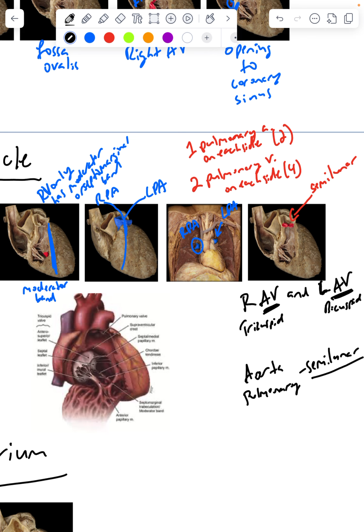So if they say semilunar valves, they're talking about these two. If they say AV or atrio, think of the word atrioventricular, between your atria and your ventricles. So right atrium, right ventricle, atrioventricular. Left atrium, left ventricle, atrioventricular. So just think about the names.